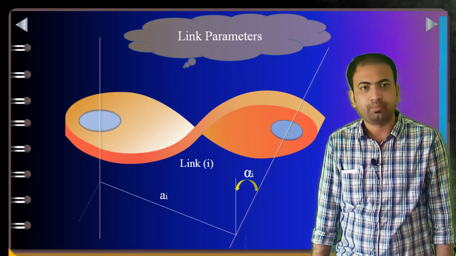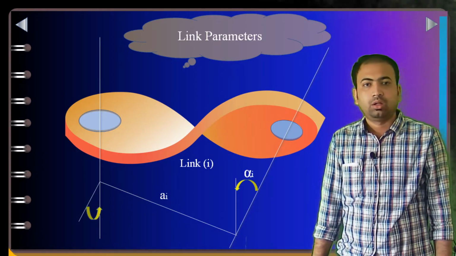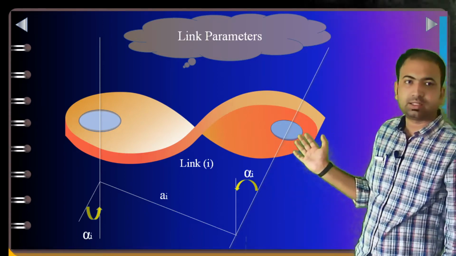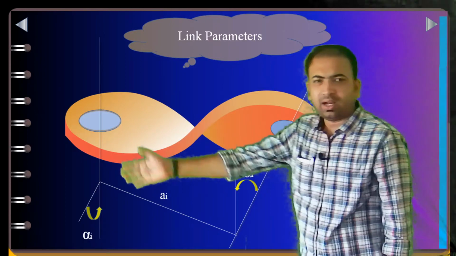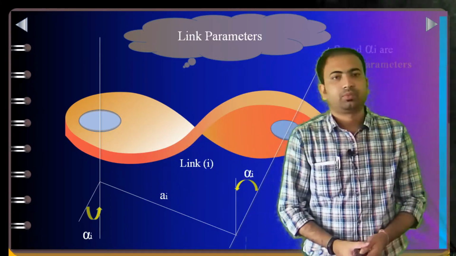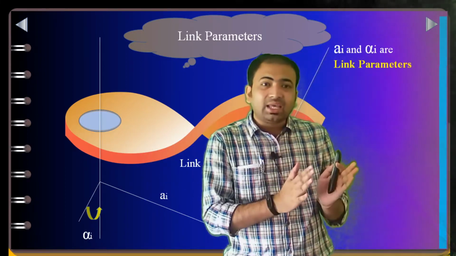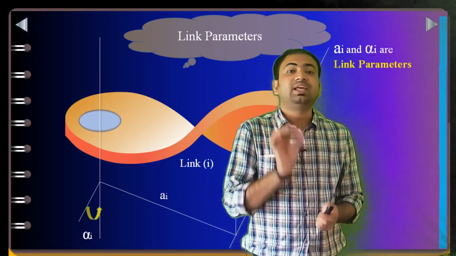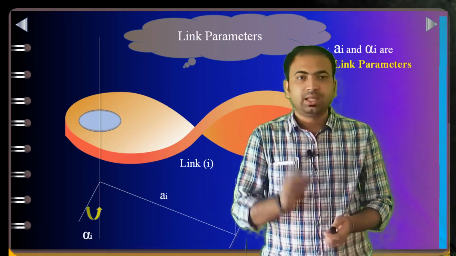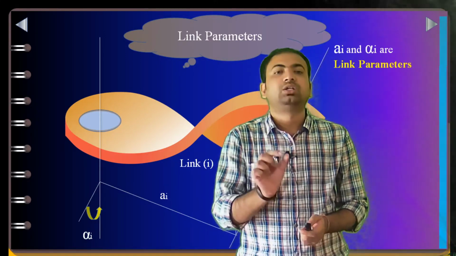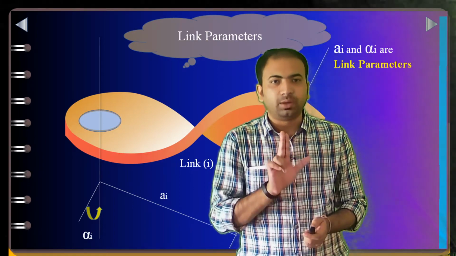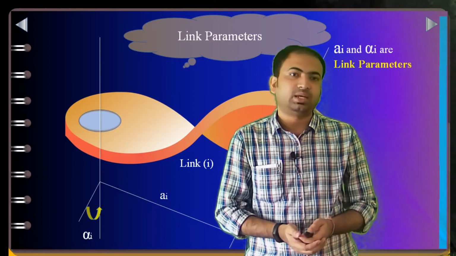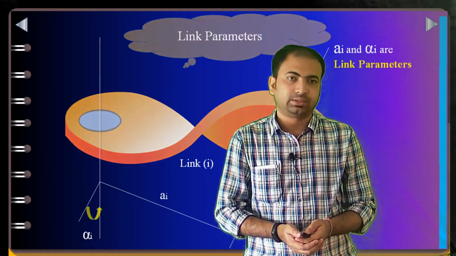Now next, we will find the same angle if we take this axis to this side. Now a_i and alpha_i will be known as the link parameters. That means the length of the link and the twist angle are our link parameters. They will be useful when we study the kinematics of links.